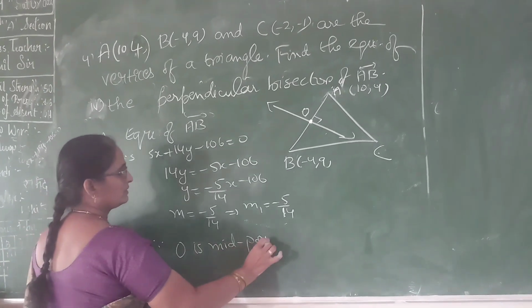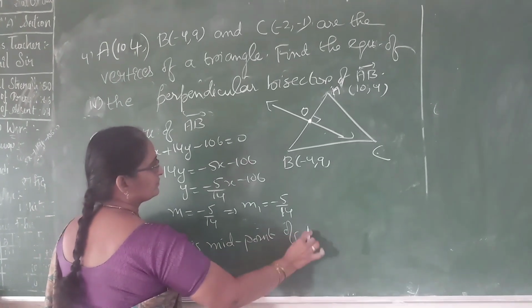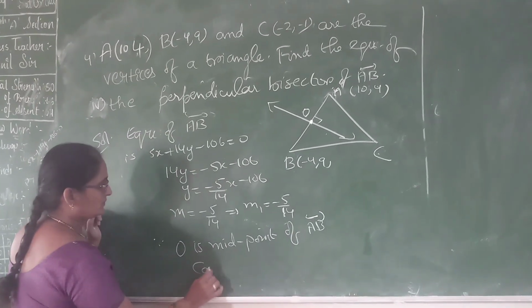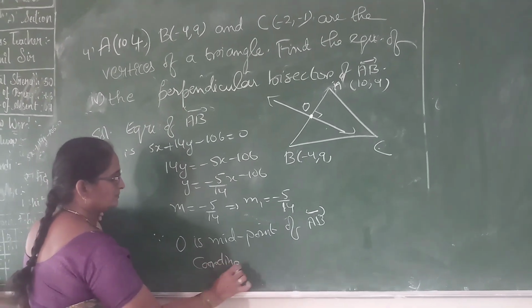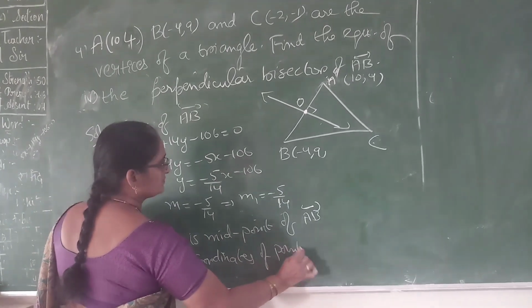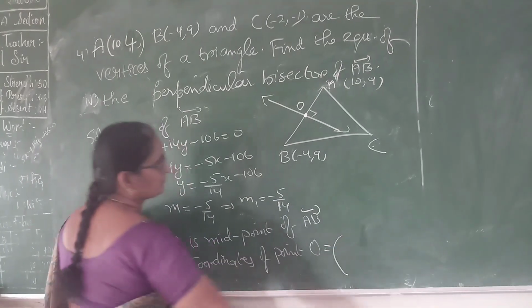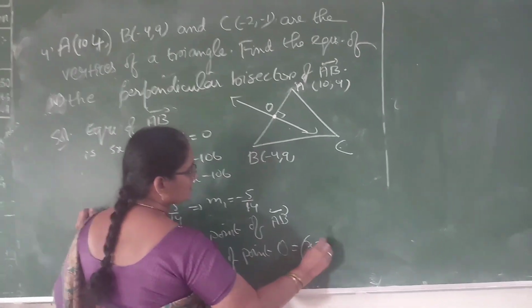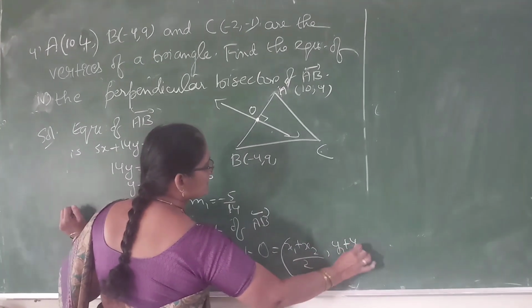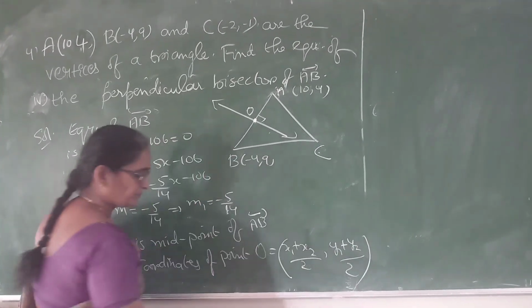Now, since O is midpoint of AB, therefore, coordinates of point O is equal to x1 plus x2 by 2 comma y1 plus y2 by 2.